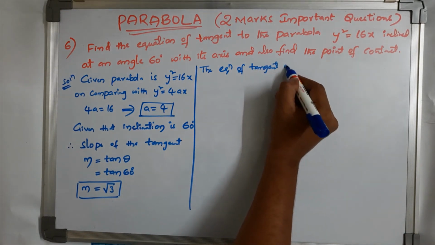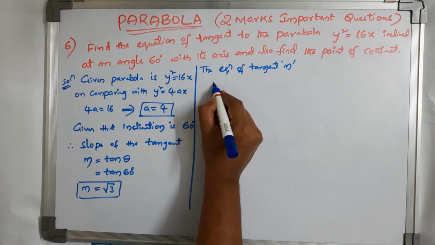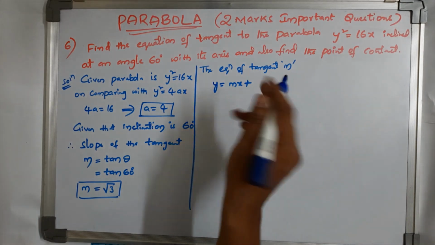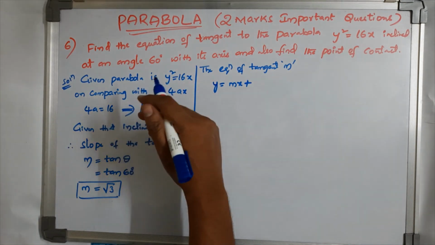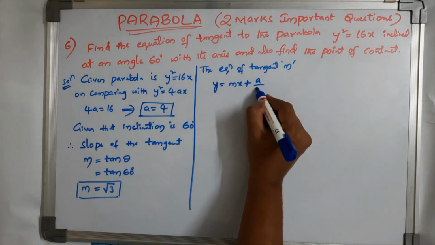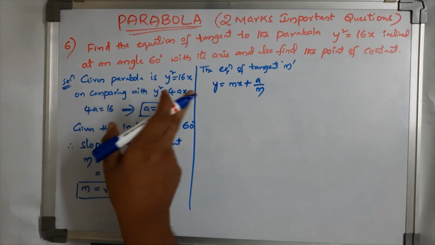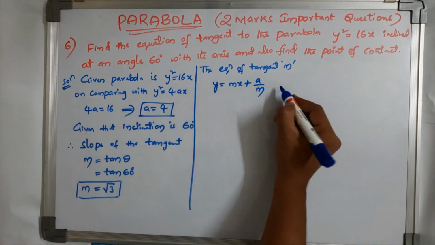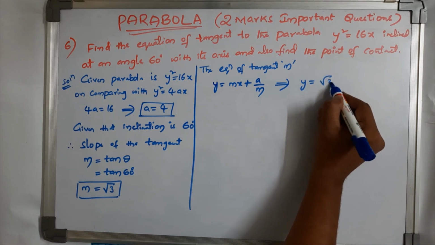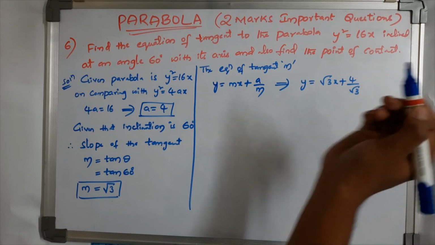Okay, now the equation of tangent with the slope m is y is equal to mx plus c. If this is a tangent to the parabola, c is equal to a by m, so you can write directly y is equal to mx plus a by m. Substitute the values of m and a: y is equal to root 3 x plus 4 by root 3.